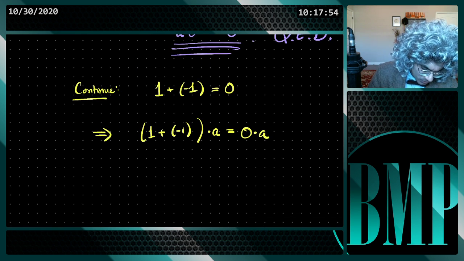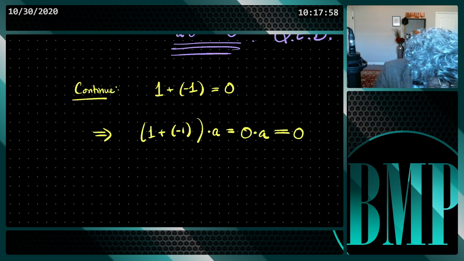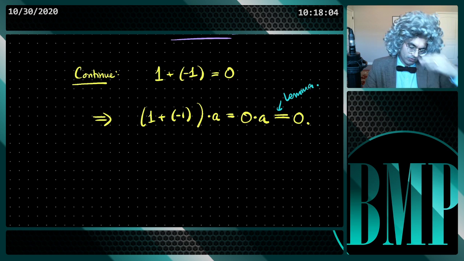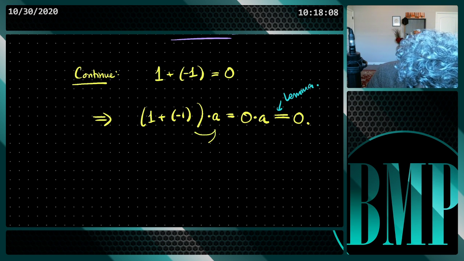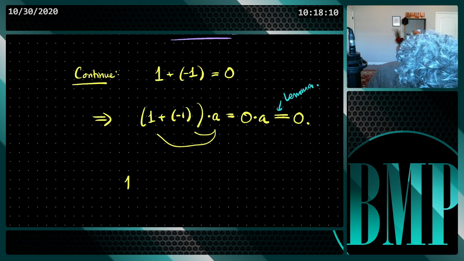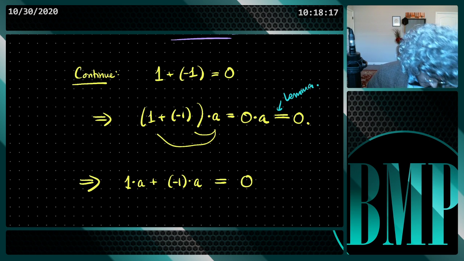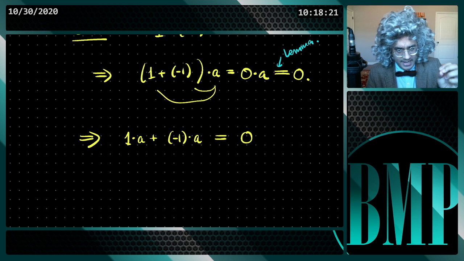So then you do, this is 0 by lemma. Then this, distributive, and now 1 times a is a.